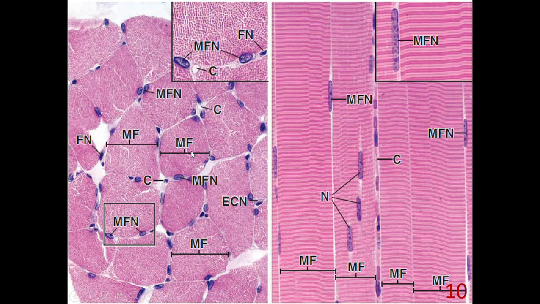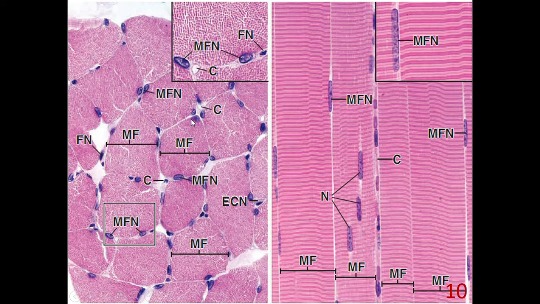Here, transverse and longitudinal sections can be observed in the slide. These are myofibers. This is a longitudinal section of a myofiber, and this is a transverse section of a myofiber.